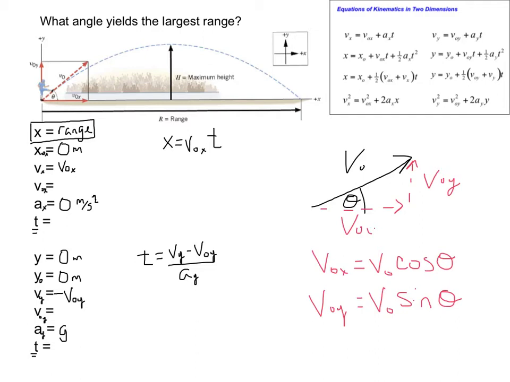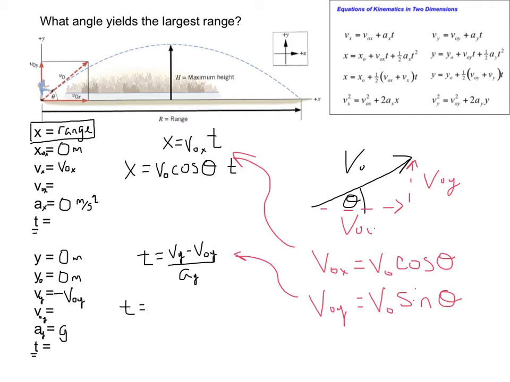So if we plug each of these in, I'm going to plug my x velocity into my x equation, and my y velocity into my y equation, and we start to make a little bit of progress. So this will just be x equals, or my maximum range eventually is v initial cosine theta times t, and what we get over here in the y dimension is t equals, now stick with me here, v_y final is just negative v initial y, right?